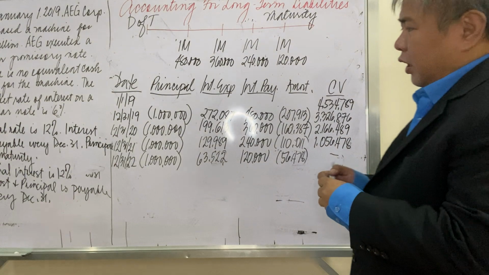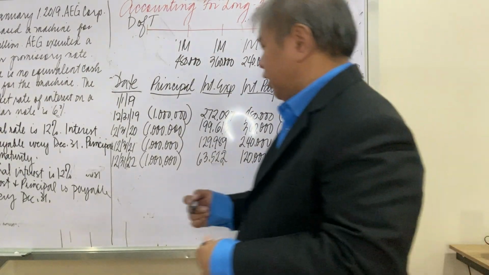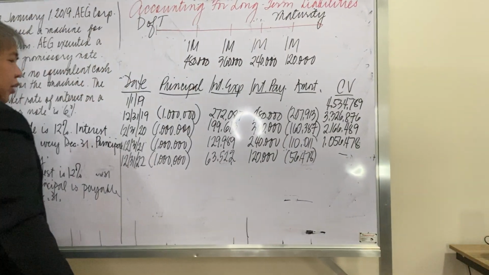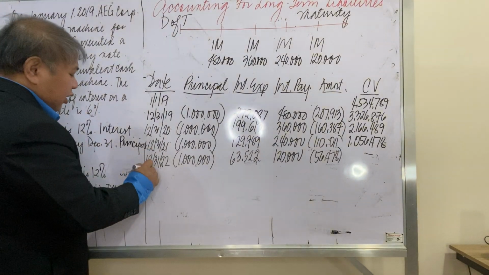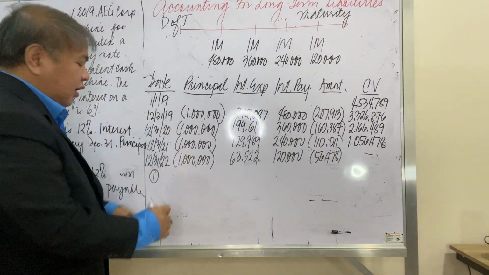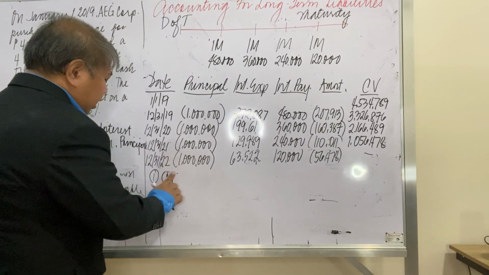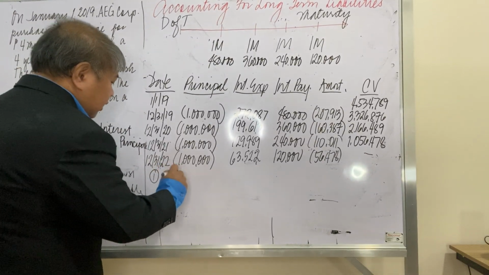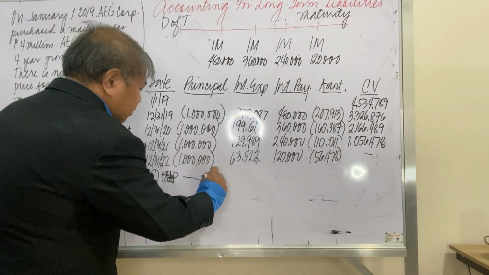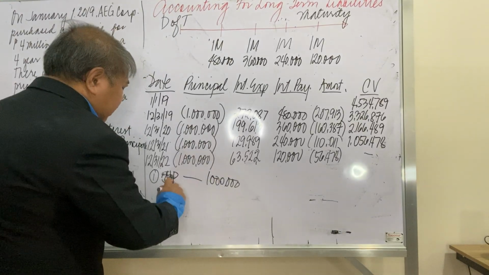Again, every December 31st now, how many entries will there be? There will be 3 entries. Number 1 is to recognize the payment of principal. So debit notes payable, 1 million pesos, and credit cash for 1 million.